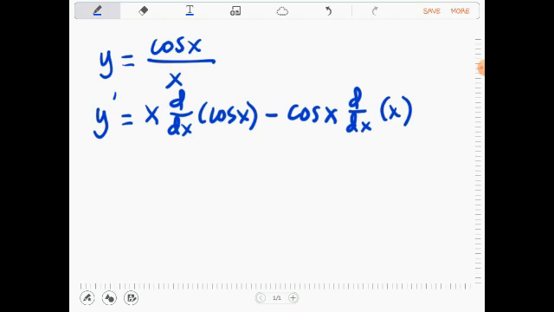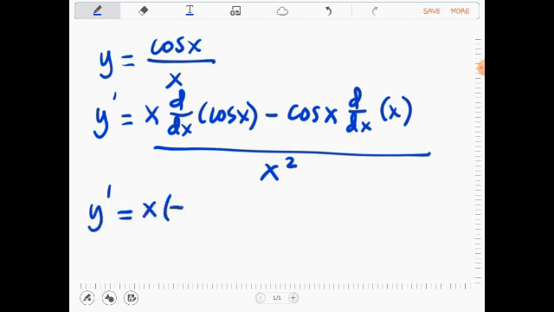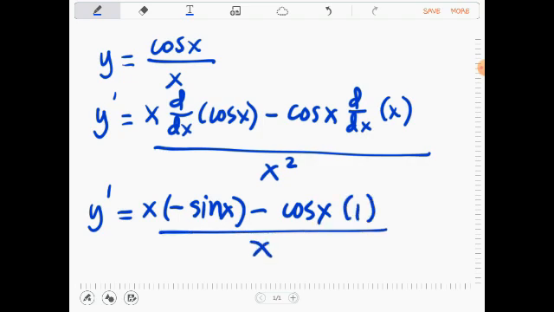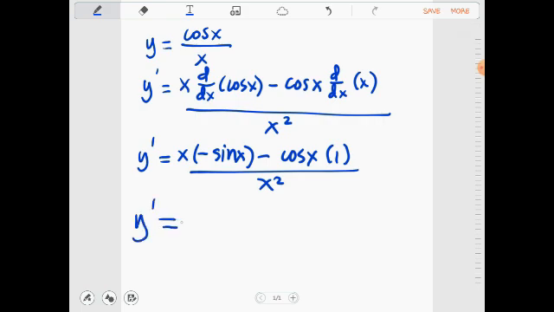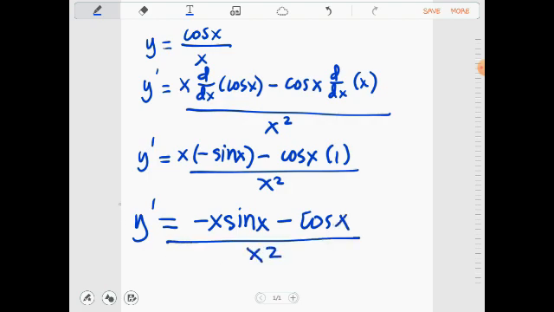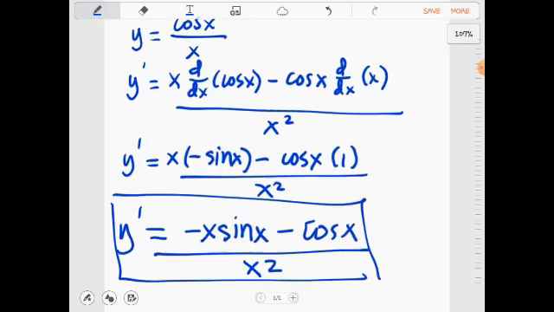This is our v. Okay, all over x squared, because we have v squared, right? And this would be equals to y prime is equals to x times negative sine of x minus cosine of x times 1 all over x squared. Okay, negative times positive. So, this becomes, there's no space anymore. There. Y prime is equals to negative x sine of x minus cosine of x all over x squared.